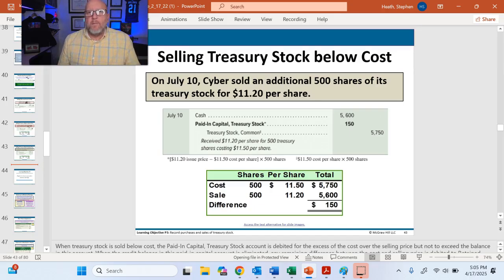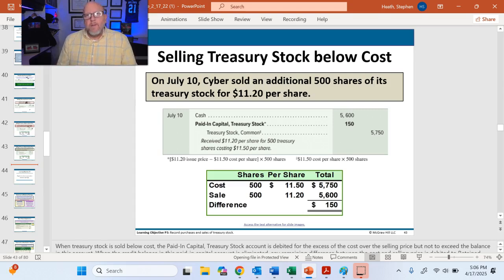Okay, so step one, cash. Step two, I would do treasury stock. And again, everything in treasury stock comes in at cost, and everything goes out at cost. And so the credit to treasury stock is going to be 500 shares times the original cost of $11.50 for 5,750. And in this instance, we're selling it at a gain, right? Actually, I apologize.